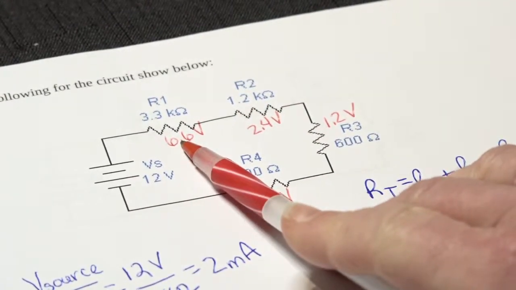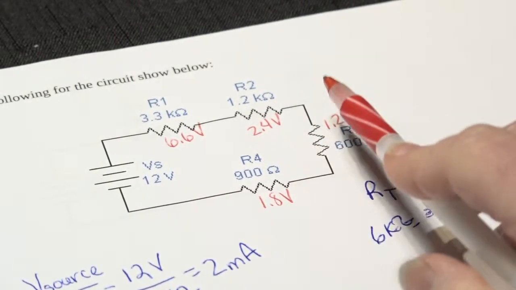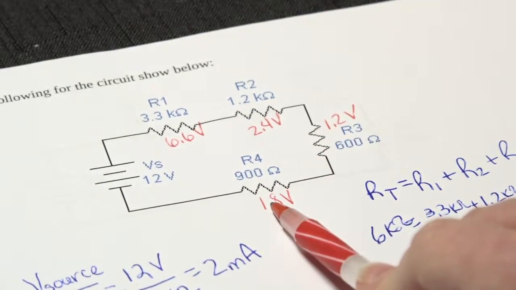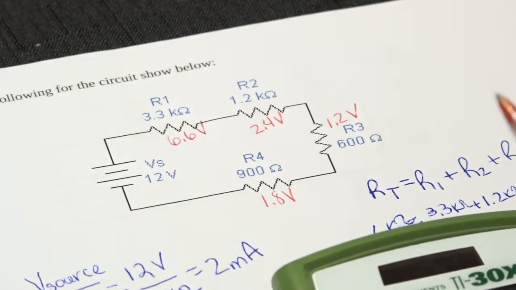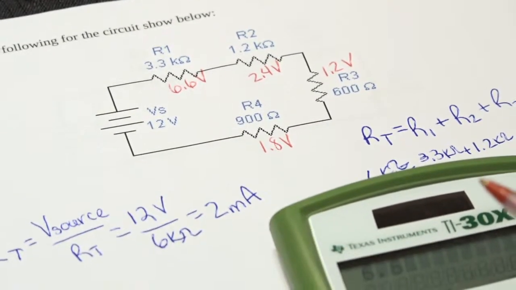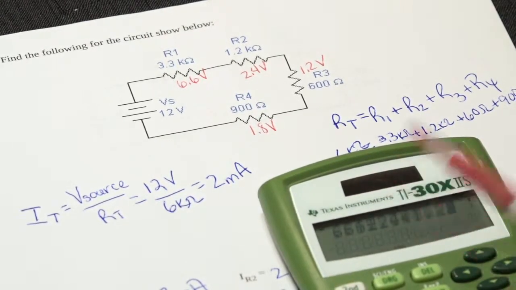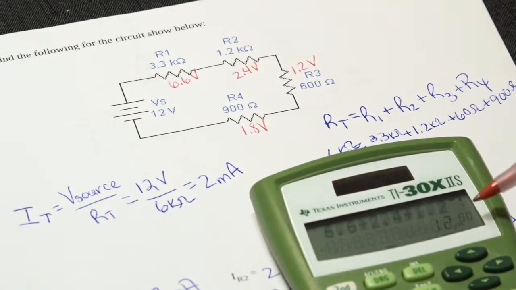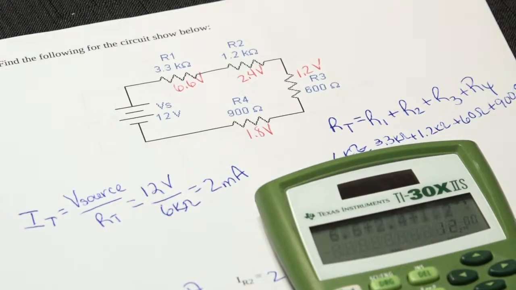We have 6.6 plus 2.4 plus 1.2 plus 1.8. Indeed, oh, how about that? They equal 12 volts, exactly like they should.